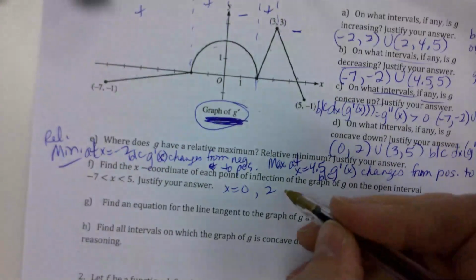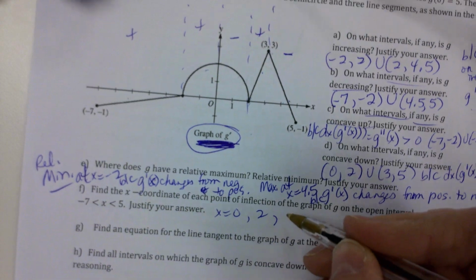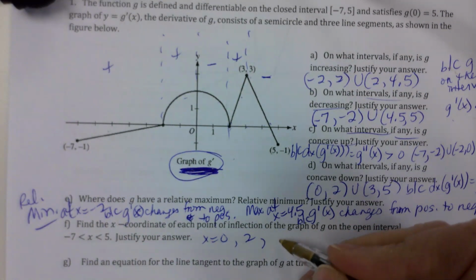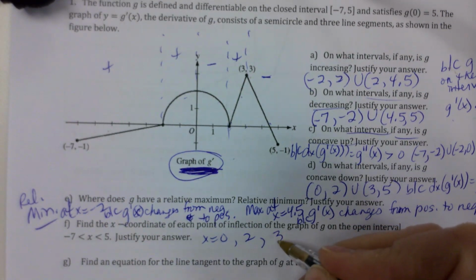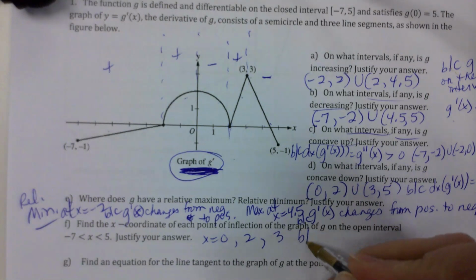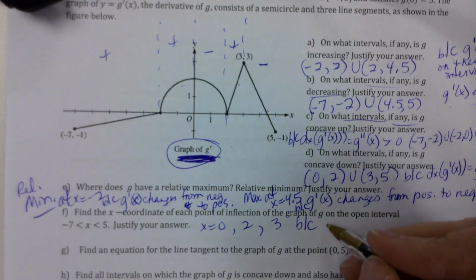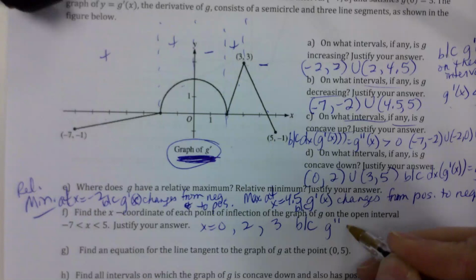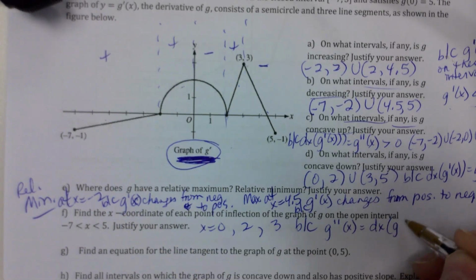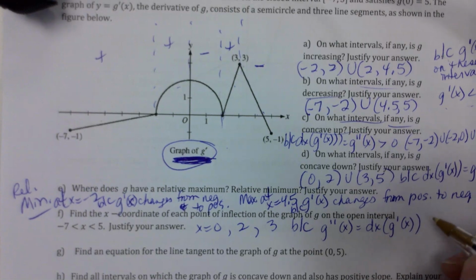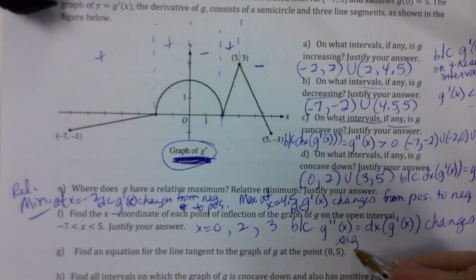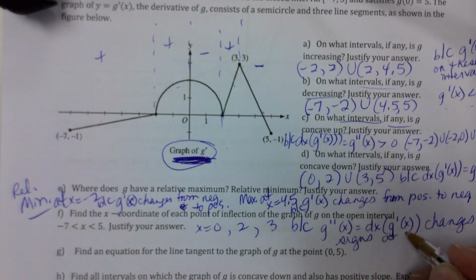And we got one at 3. Why? Because G double prime, which is the derivative of G prime, changes signs at these x values.